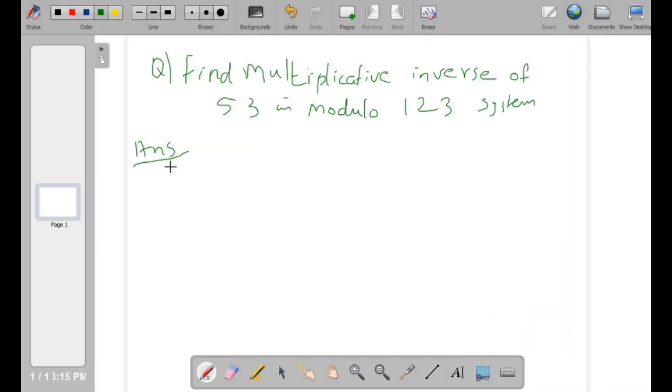Find the multiplicative inverse of 53 in the modulo 123 system. This multiplicative inverse exists if and only if the GCD of 53 and 123 is equal to 1. 53 is our A and 123 is our B.